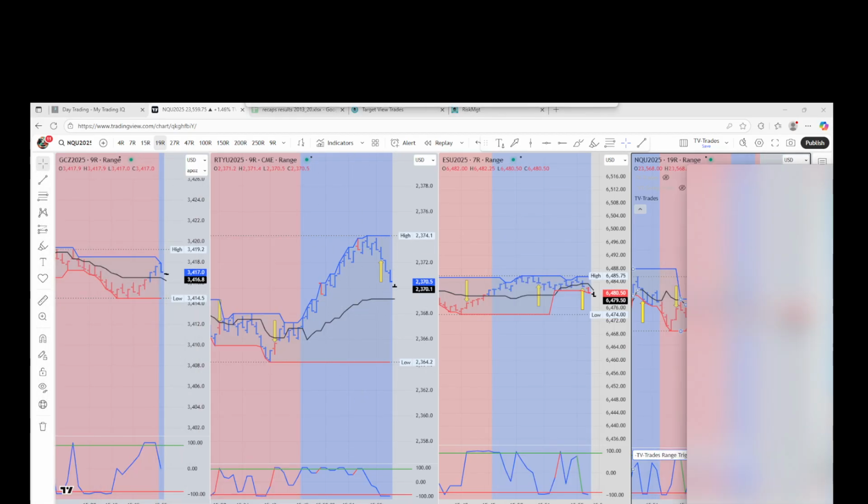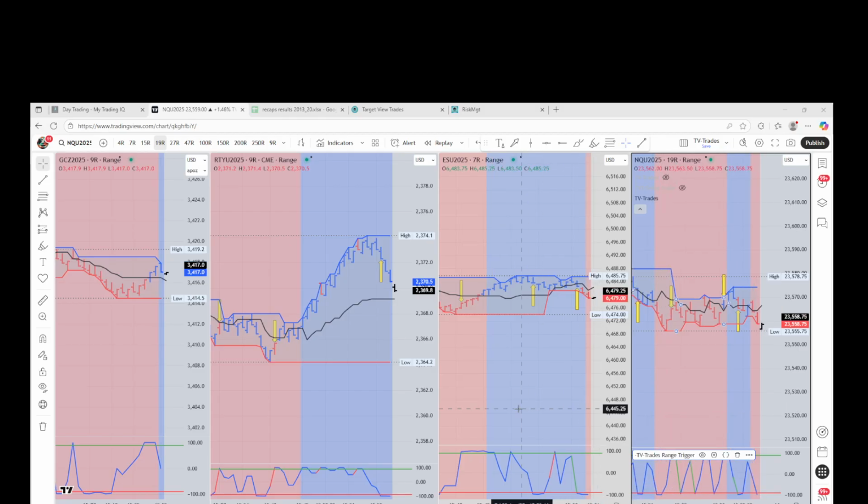Slide this back over here to the other side. It is now 9:56. We have 4 minutes left. It's possible we could have a Russell trade here. It's possible.